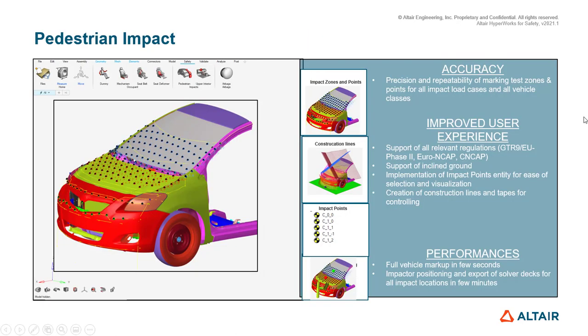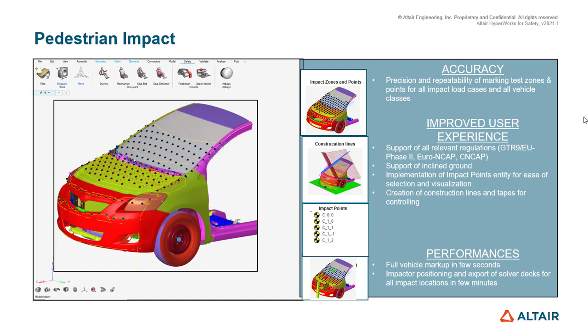Moving on to the next slide, which is pedestrian impact. So let's talk about pedestrian impact. This slide gives an overview of the tool in terms of accuracy, improved user experience, and the performance. The pedestrian safety tool can be accessed through the safety tool tab and just select the pedestrian ribbon in HyperWorks that I showed you in the last slide.